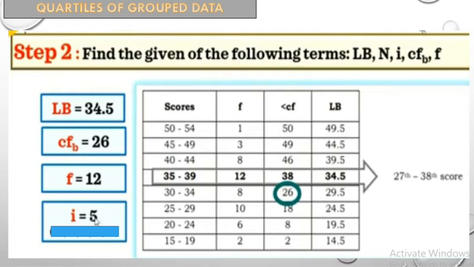And our frequency is 12. And our interval is 5. Kasi 35, 36, 37, 38, 39. At lagi po nating tatandaan ang mga yon kasi we will use those values in our next step.